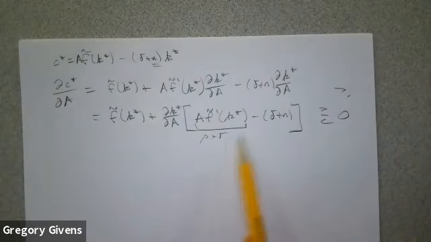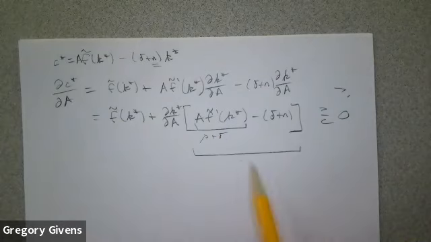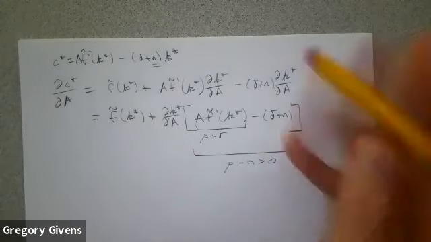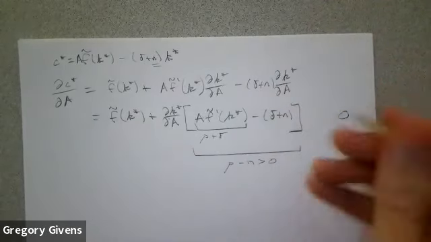Rho plus delta minus delta plus N is just rho minus N. What is the sign of rho minus N? It's positive by assumption 2. Remember, rho has to be bigger than N. So it's a positive plus a positive times a positive, which means that dC dA is strictly greater than 0.